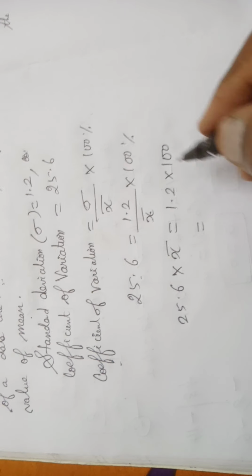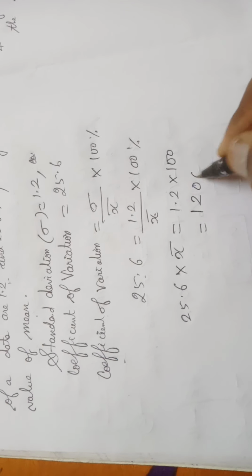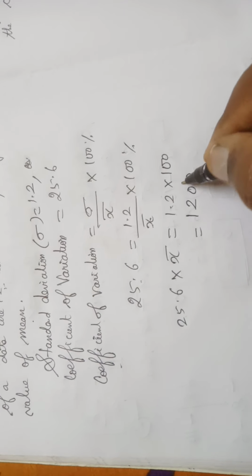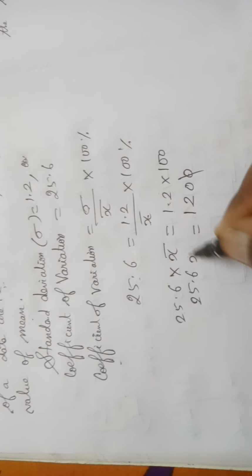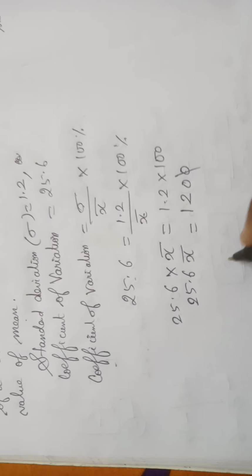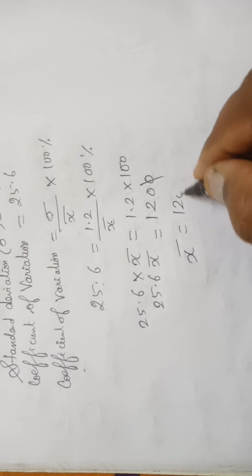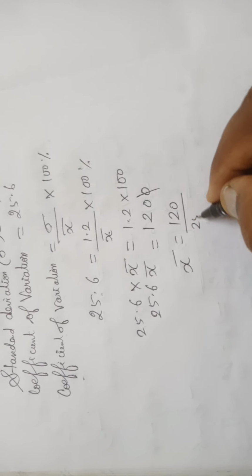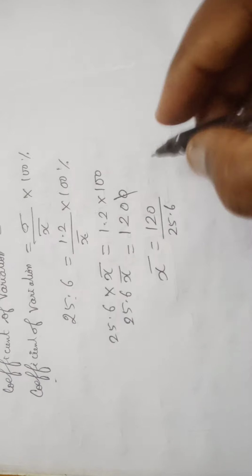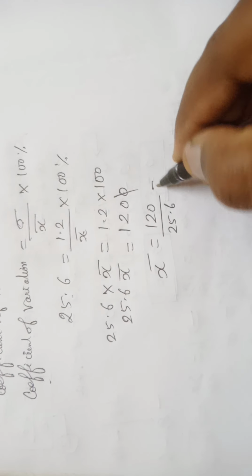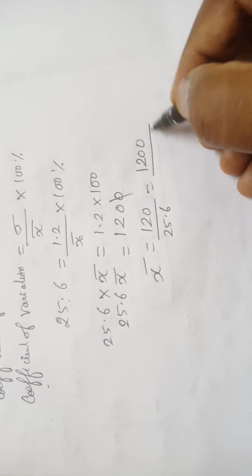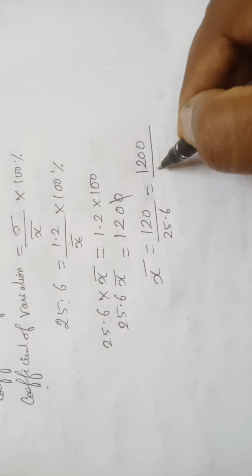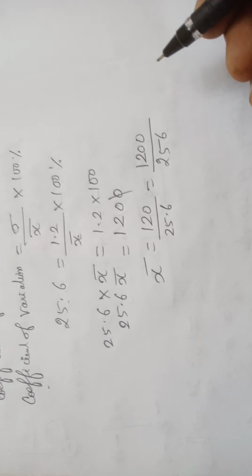While we are multiplying this, 120.0, one decimal point, so the 0 will be cut. 25.6 x bar equals 120. So now x bar equal to 120 divided by 25.6. Multiplying with 10, 120 into 10 is 1200, 25.6 into 10 is 256.